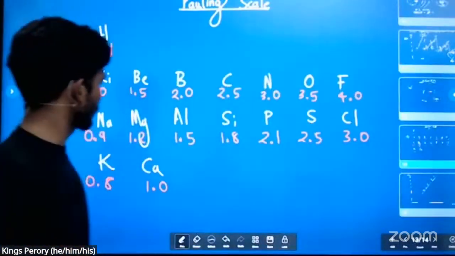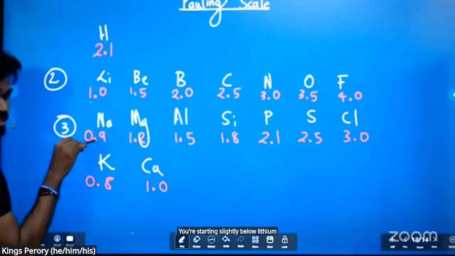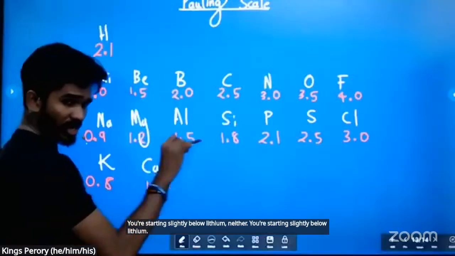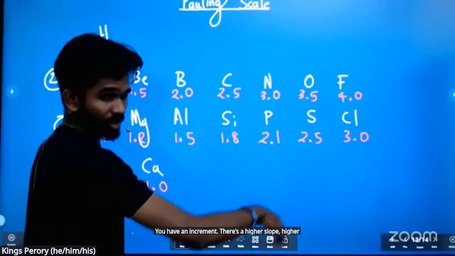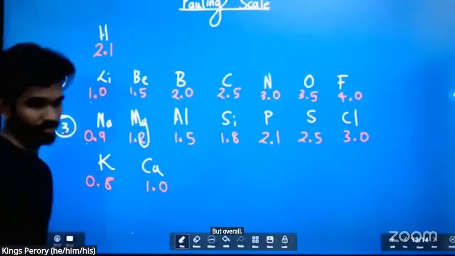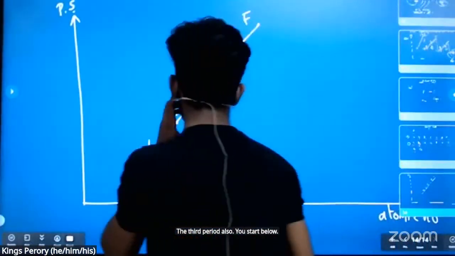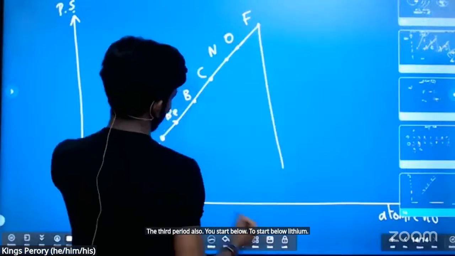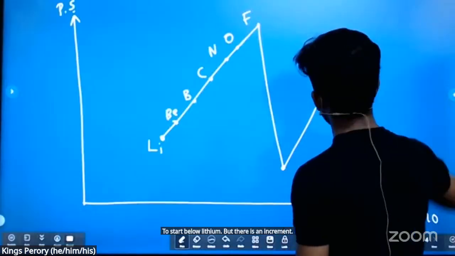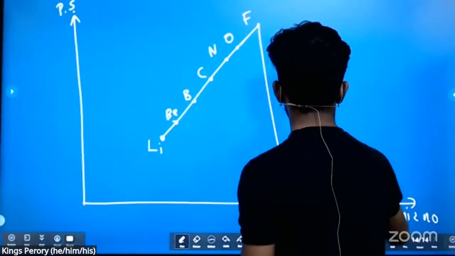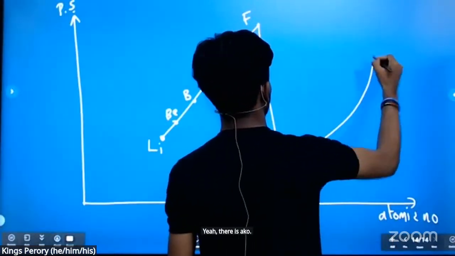Come to the third period. You're starting slightly below lithium. Here also you have an increment. Here there is a higher slope, higher gradient increment, but overall there is an increment. Towards the end, there is a higher slope. The third period also, you start below lithium, but there is an increment.